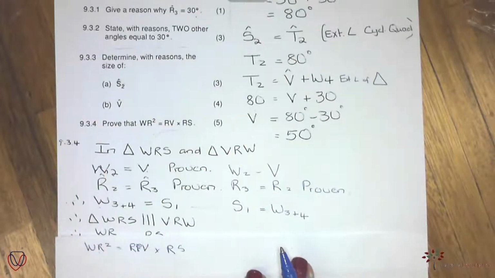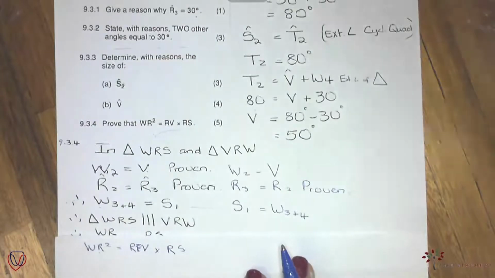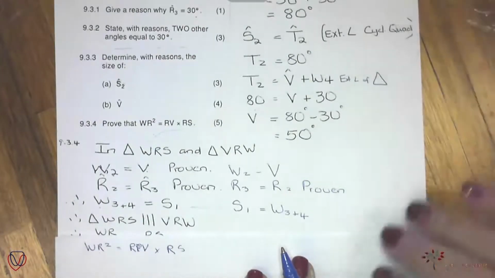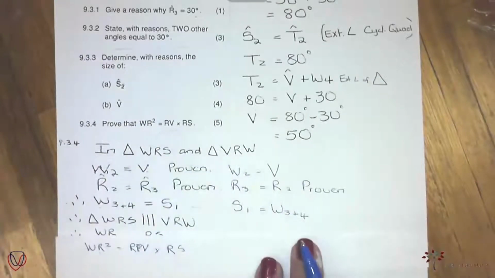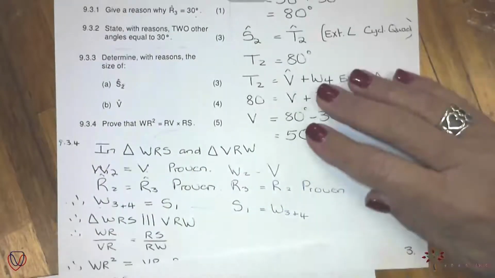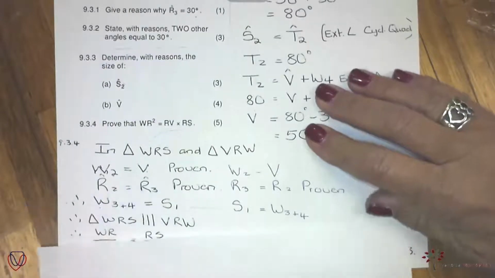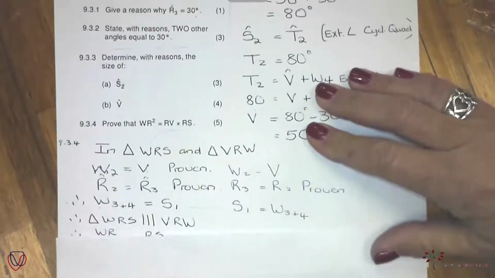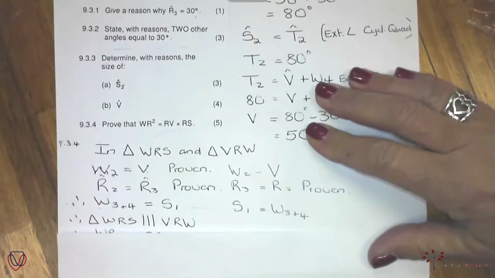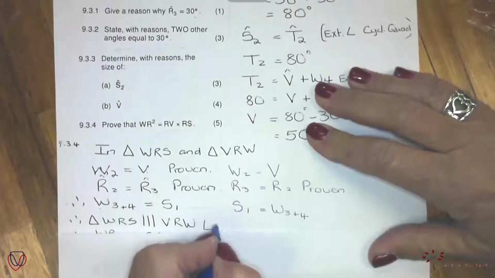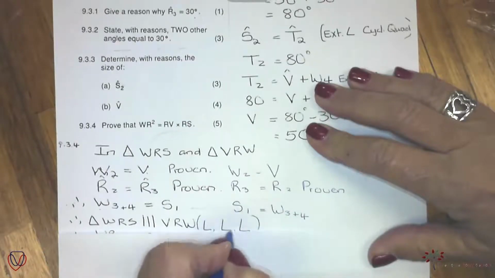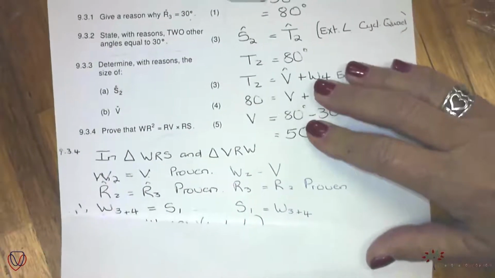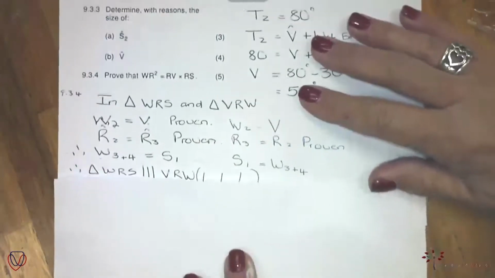So if you work from the same triangle to the other, every time you prove an angle, the order here will be the correct order for those triangles. It's very important that you do have the correct order. And what's your reason for this, people? You must have a reason. The reason is going to be angle, angle, angle. That's your reason for this similarity, right?